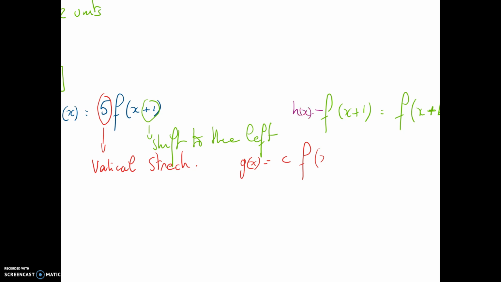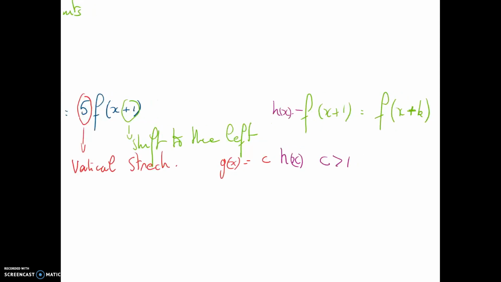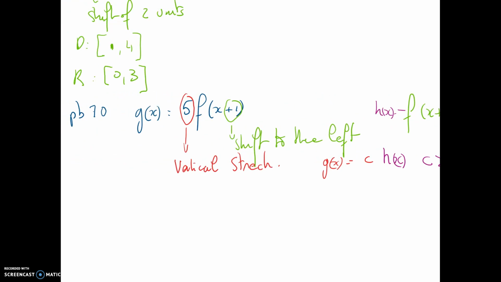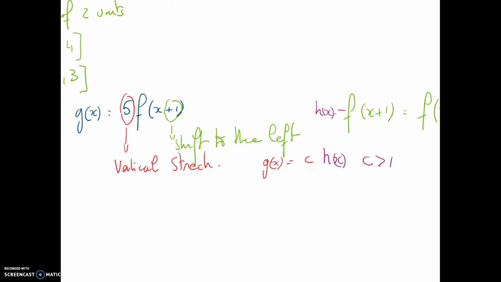And when h of x equals f of x plus k, we get a shift to the left. And in that case, g of x equals c times h of x with c greater than 1, and you know that is a vertical stretch. So when we have a shift to the left, we are sure that our domain is going to change.